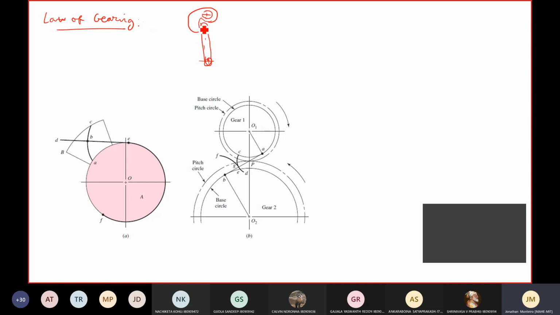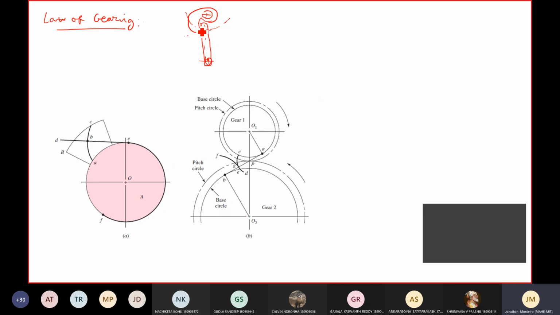Whatever it is, one tooth is pushing the adjacent tooth on the next gear. So that describes a circle. The path traversed by an area or a line on the first tooth or gear is describing a circle. In the same time, there is one more that is describing a circle from the opposite side.